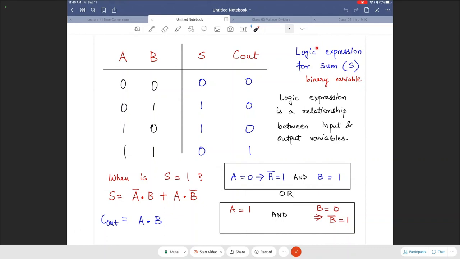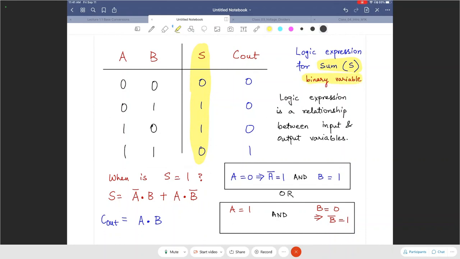Let's start talking about a logic expression for sum, that is S. Sum is a binary variable. It could be a 0, it could be a 1. So it's a binary variable. It's an output binary variable.